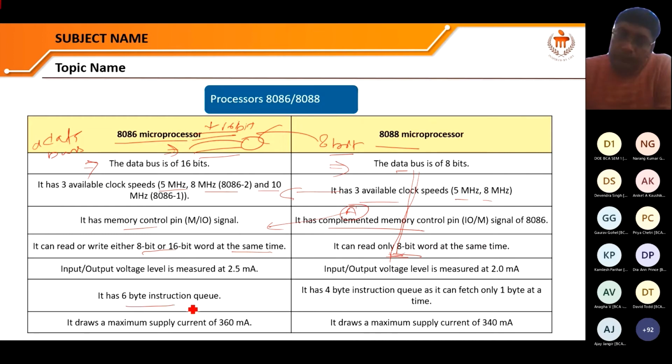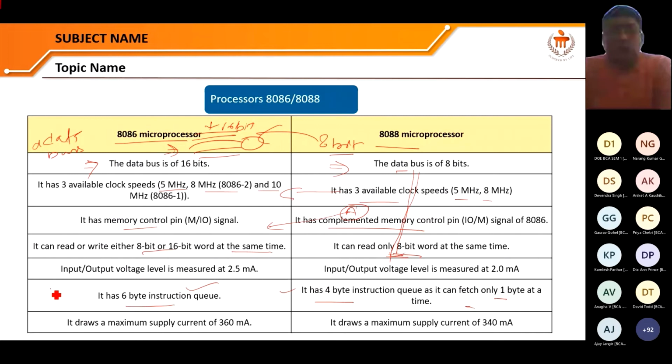What is the queue? If we are using a single CPU, and there are multiple processes, the CPU can run only one program at a time, and the other programs will be in a queue. So how many programs can go?